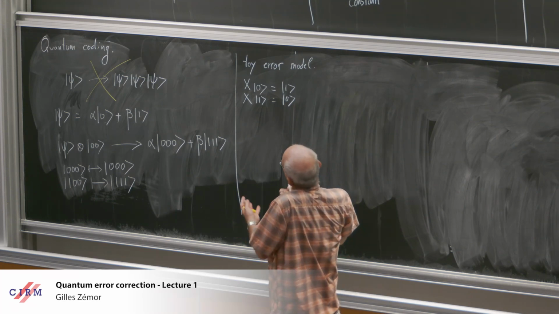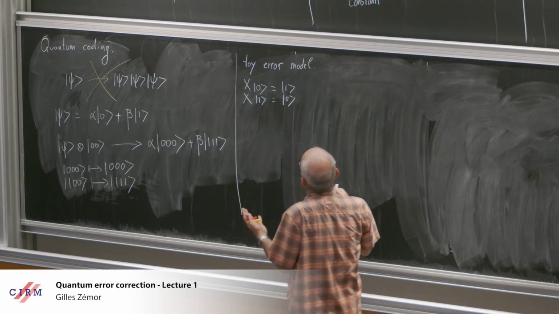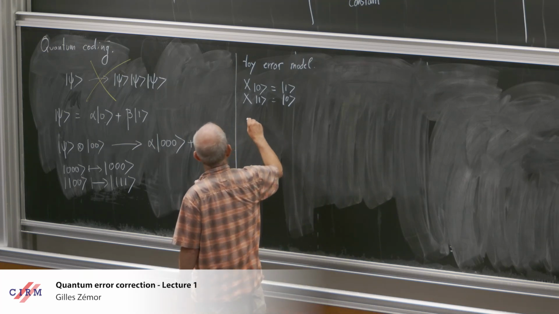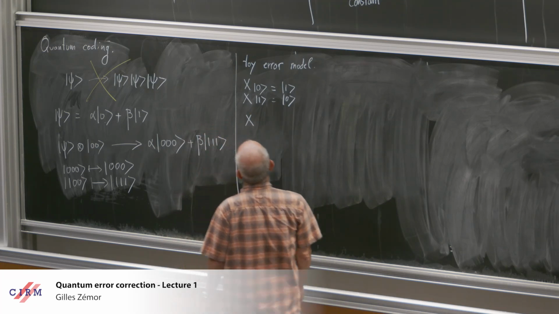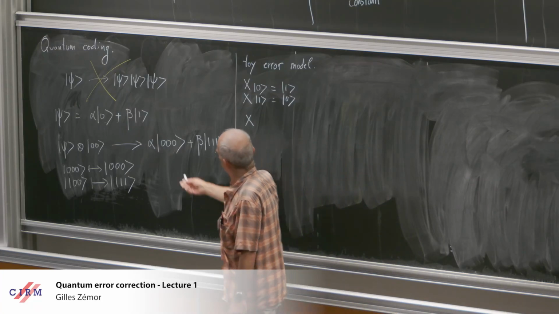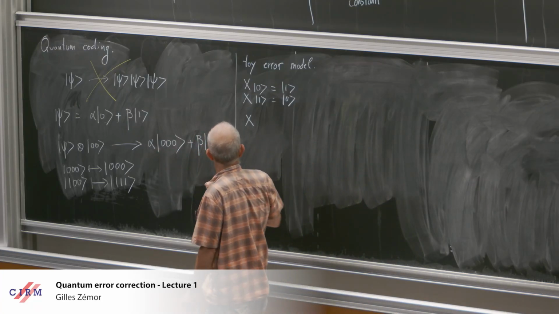And suppose you wanted to correct the equivalent of classical errors. So you could envisage an X error, but just on the first qubit.